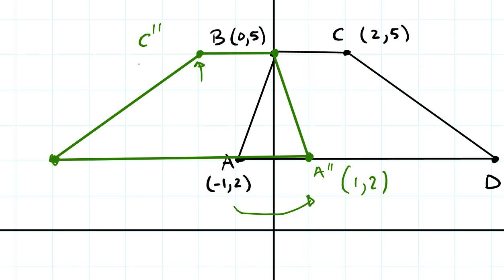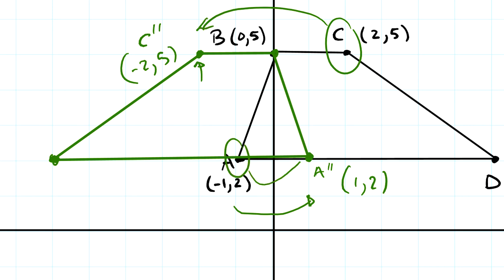And that will be at the point negative, let's see, that should be negative 5. No, I'm sorry, it will not be at negative 5. It'll be at negative 2, 5. So those are where the point C moves to this point, and the point A will move to this point after I reflect across the y-axis.